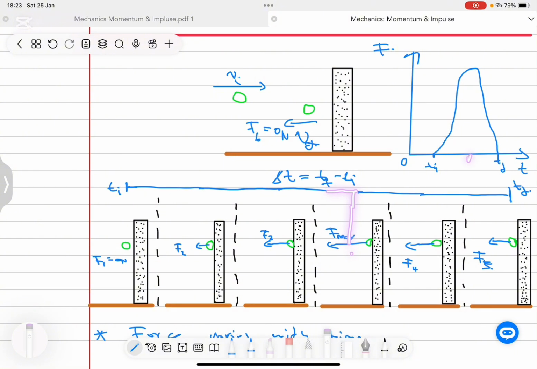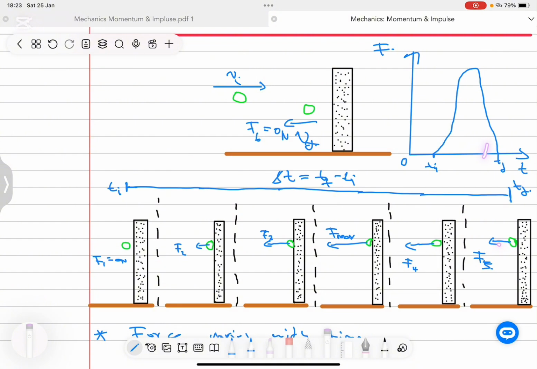When the time continues increasing, we then get the maximum force here, F max. Then as the time continues to increase, the force decreases because it comes from the maximum. It gets smaller. We are now here at F4.